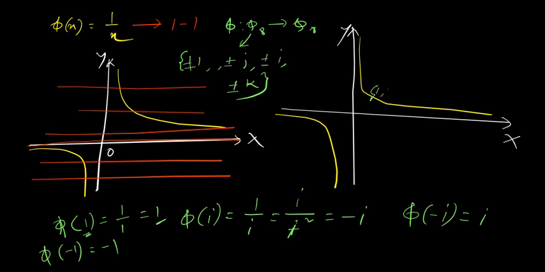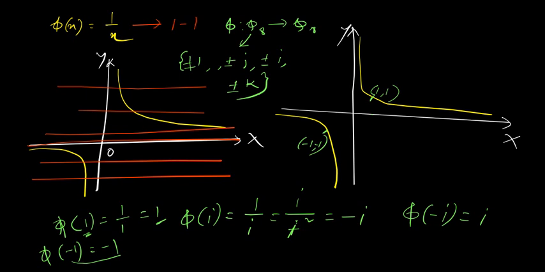And the coordinate is minus 1 comma minus 1, the point is here. And the point i comma minus i.